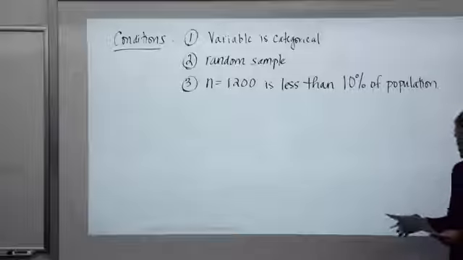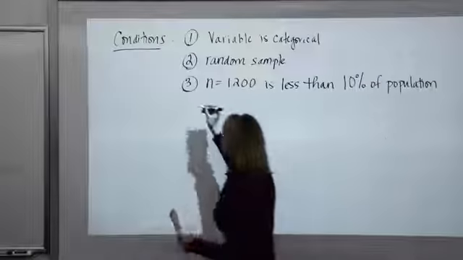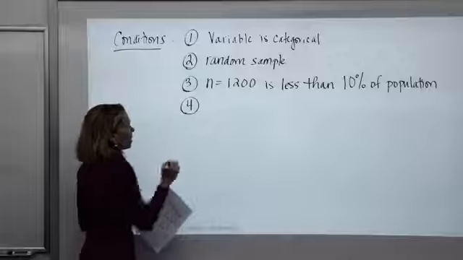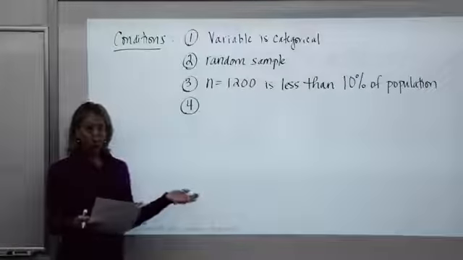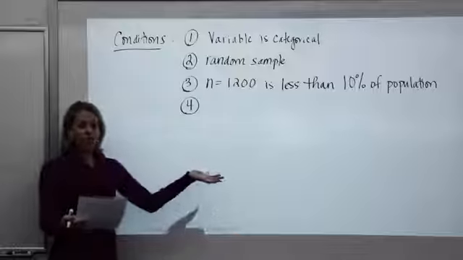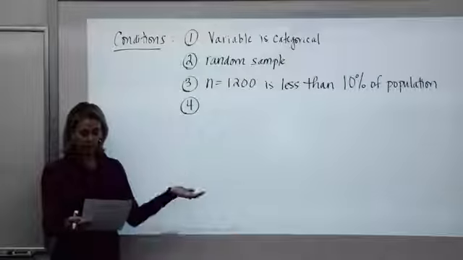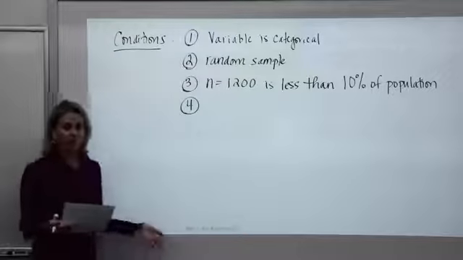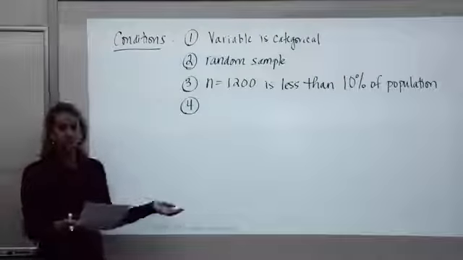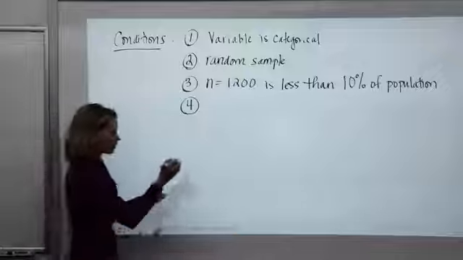And then the fourth assumption, sometimes we call that the success-failure condition. We have to have at least 10 successes, at least 10 failures. Well, we have 1,200 adults, 15 of them are compulsive gamblers, and so the other 1,185 would not be. So we do have both 10 successes and 10 failures.